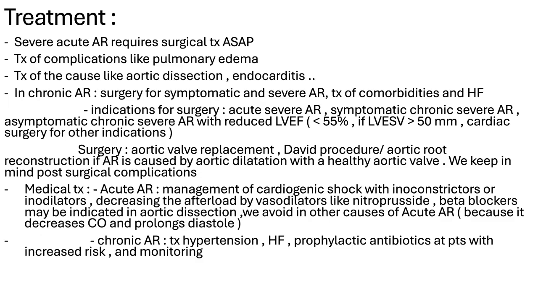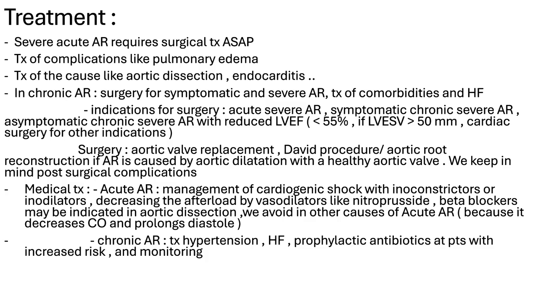For medical treatment in chronic aortic regurgitation, we have to treat heart failure using the standard heart failure treatments, with beta blockers, ACE inhibitors or ARBs, Entresto. We can also use MRAs and diuretics.